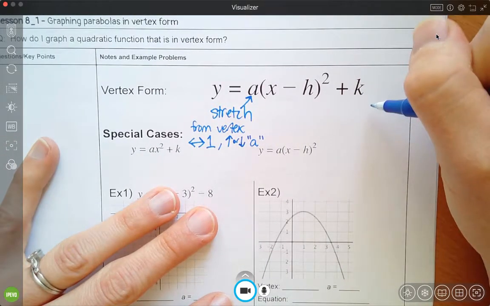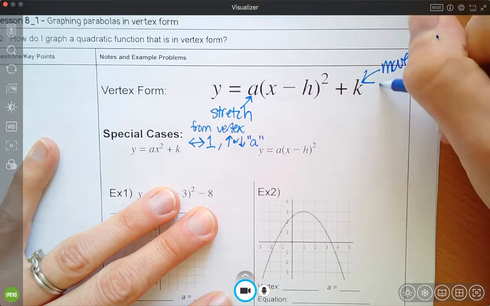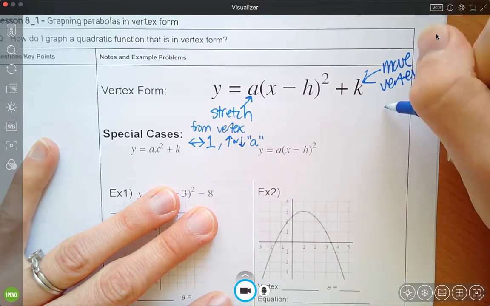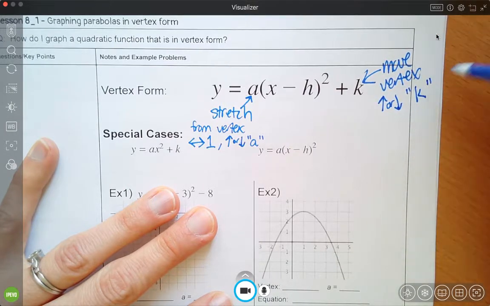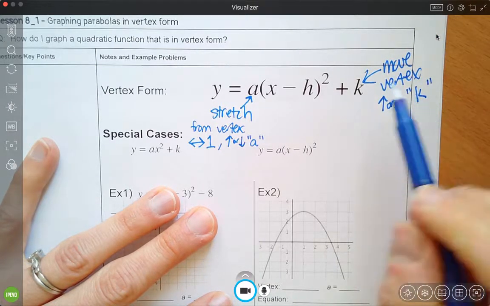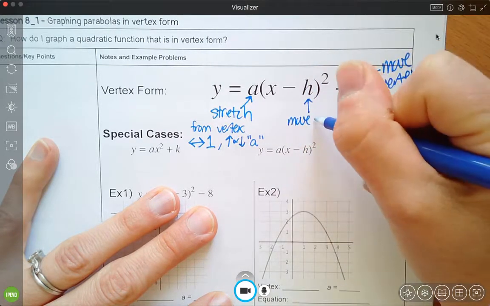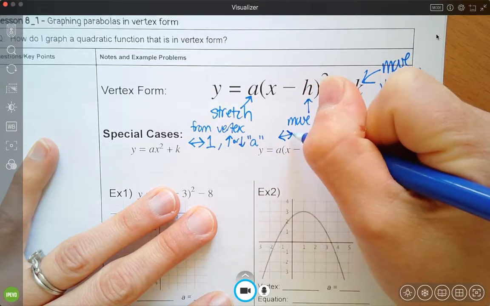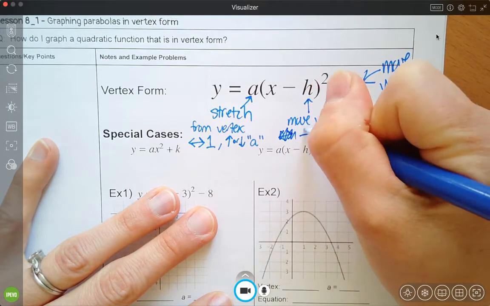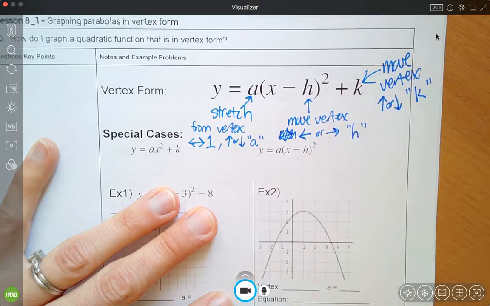K tells us to move the vertex up or down K. All right? And then H tells us to move the vertex left, I should have said left or right H.